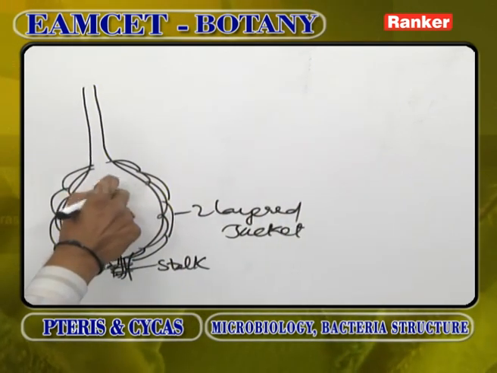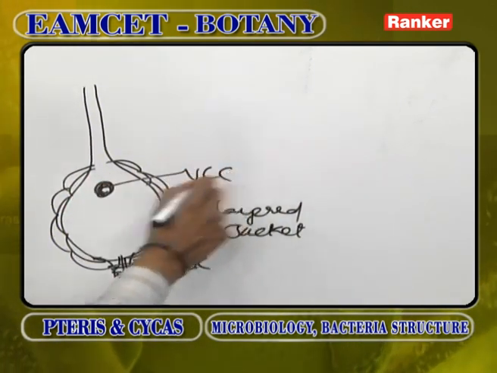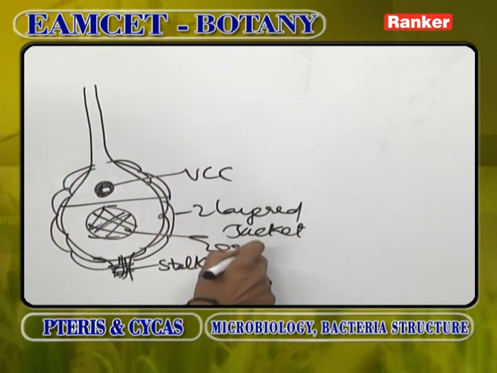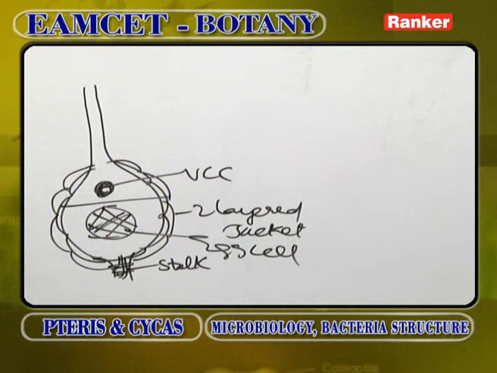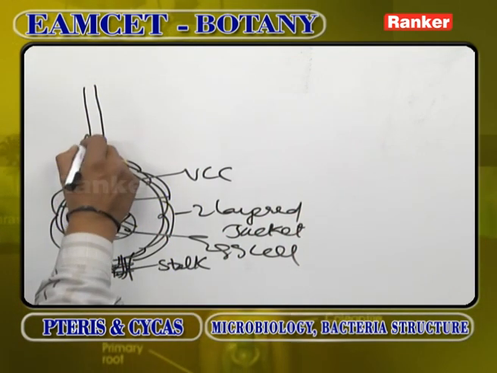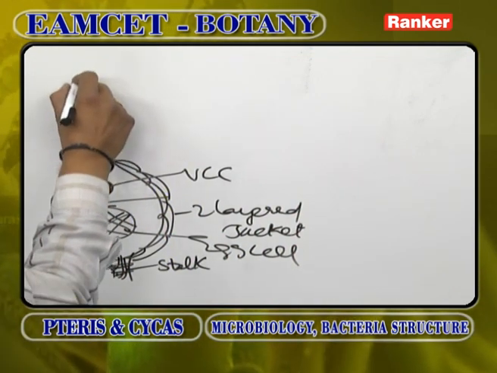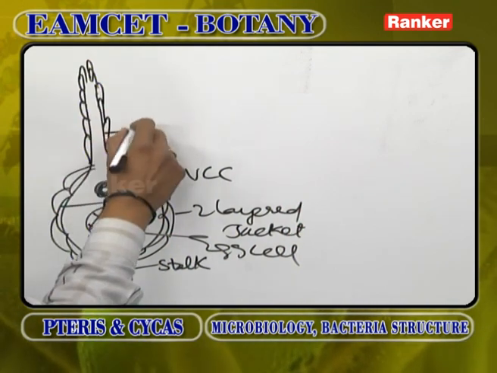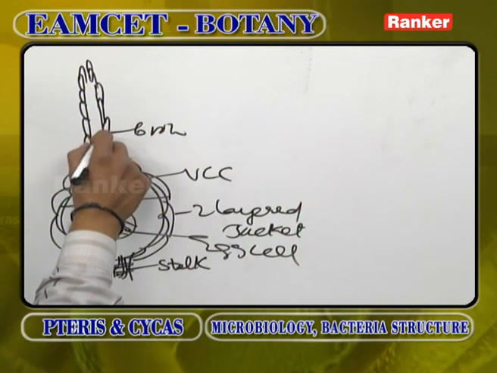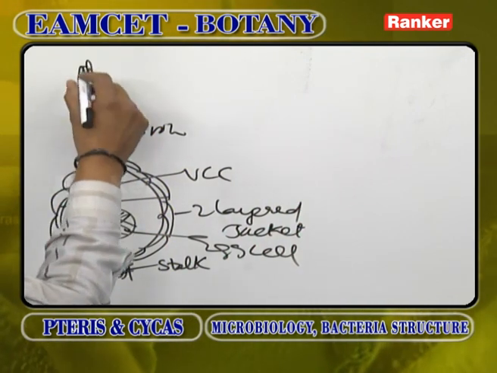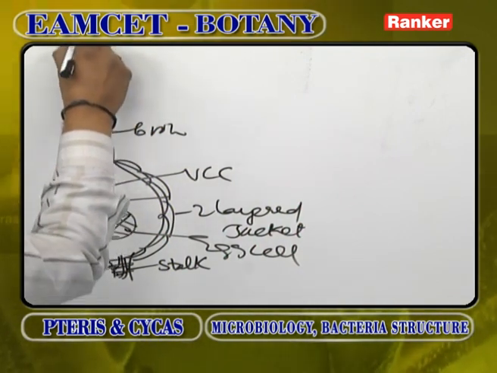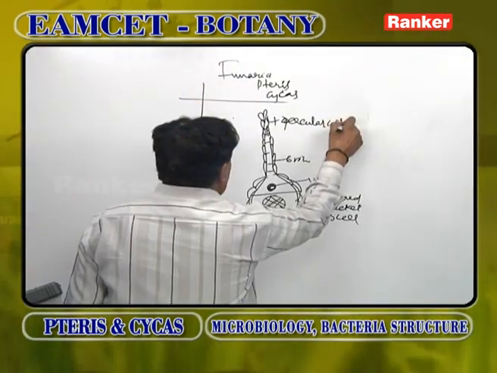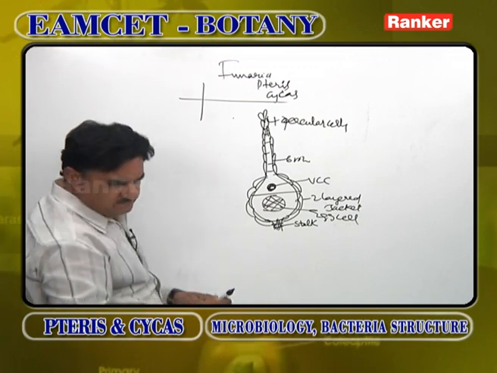This venter encloses one venter canal cell and one egg cell. Neck is very short, made up of 6 rows of neck cells: 1, 2, 3, 4, 5, 6 rows. Then 6 or more neck canal cells with 4 opercular cells. This is the structure of archegonium of Funaria.